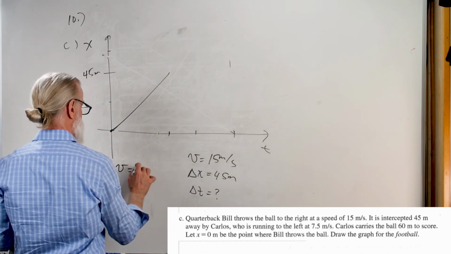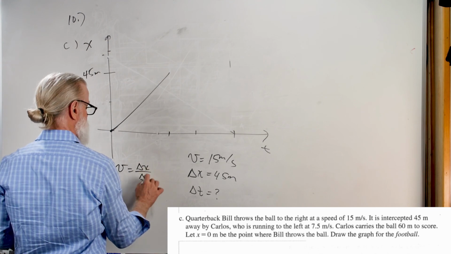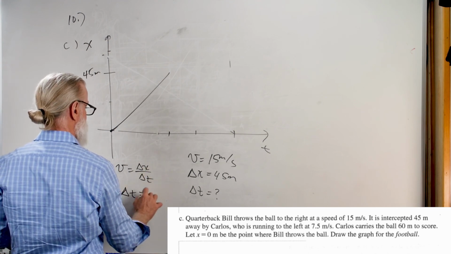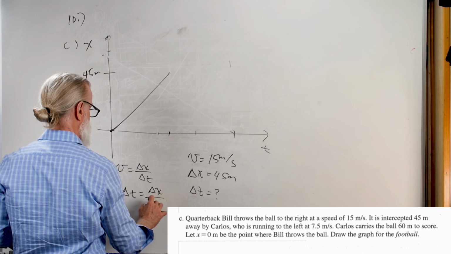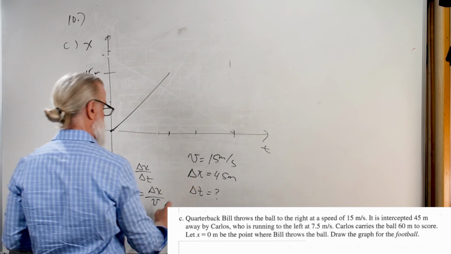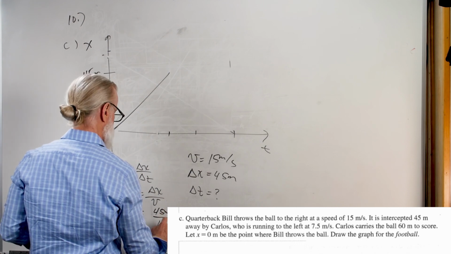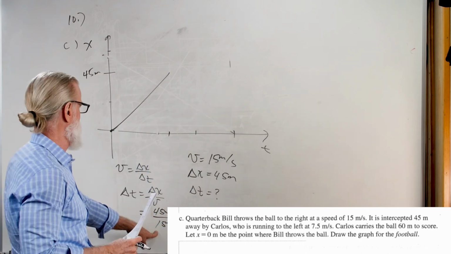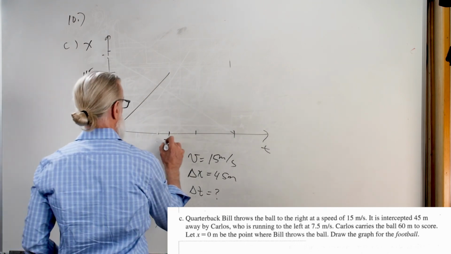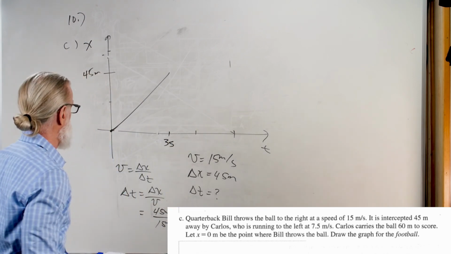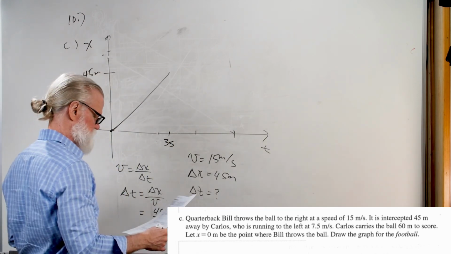Well, v equals delta x over delta t, and therefore delta t equals delta x over v. Just doing a little algebra. So we have 45 meters divided by 15 meters per second. That's 3 seconds to get to 45 meters.